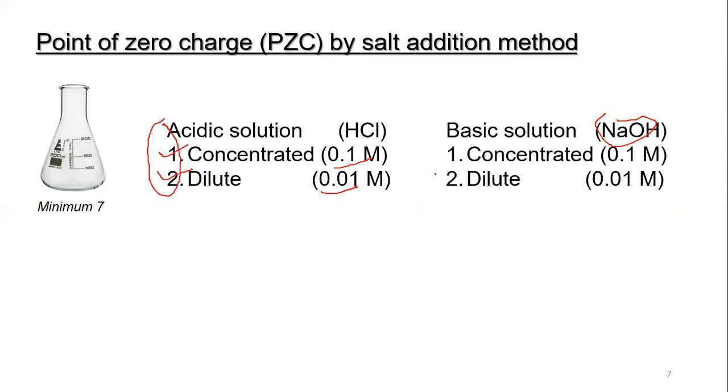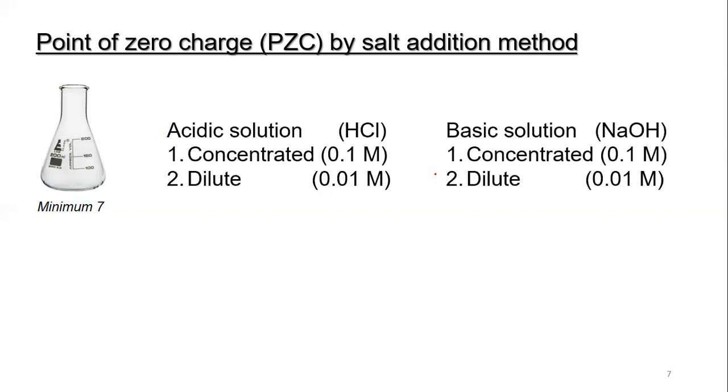So till now, what we have discussed is that for PZC, first you have to arrange some glassware, and the first one is the 100 ml conical flask. Minimum you need 7. You can use 8, 9, 10, up to 14. You can use 14 as well.